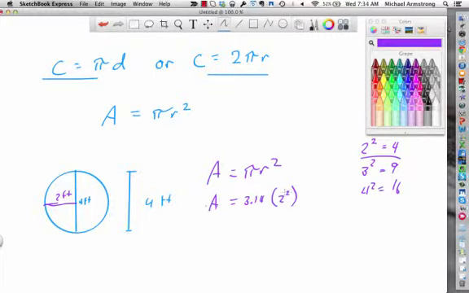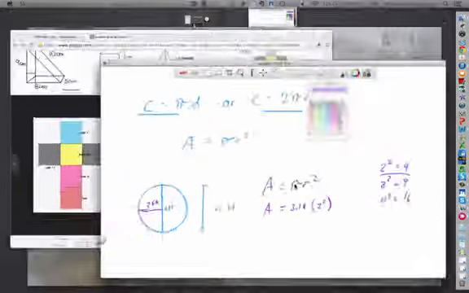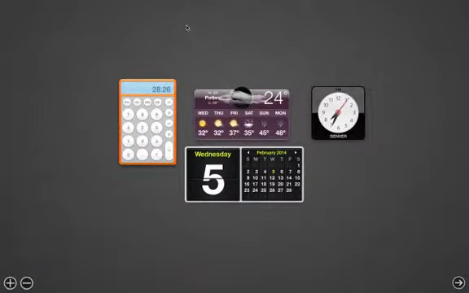So the area equals 3.14 times 4, because 2 squared is 4. And we come up here and we say 3.14 times 4 is, I'm going to try that again with an actual decimal point. 3.14 times 4, 12.56.